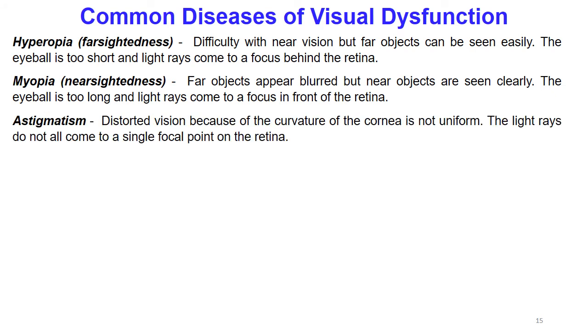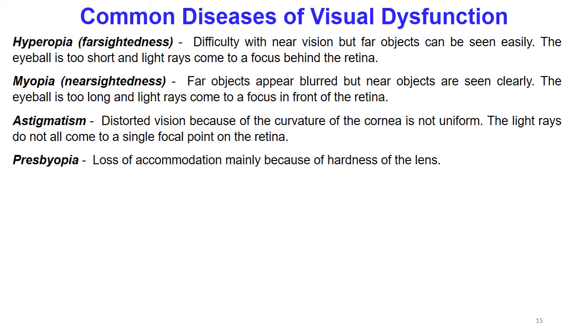Astigmatism is distorted vision because the curvature of the cornea is not uniform. The light rays do not all come to a single focal point on the retina. Presbyopia is a loss of accommodation mainly because of hardness of the lens.